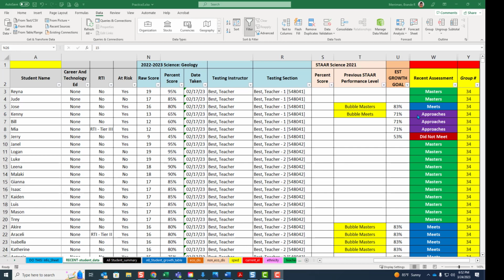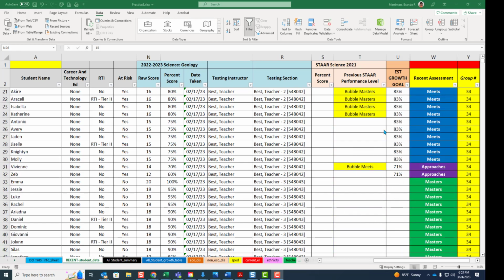If they're at approaches, or even for third grade, if they are at low approaches, it will give you the goal to get to the high approaches bucket. These goals are to get to meets because I'm looking at a science test. But for math and reading grade 3, or fourth and fifth graders who don't have previous STAR scores, it's going to tell you the goal to get to the next bucket.